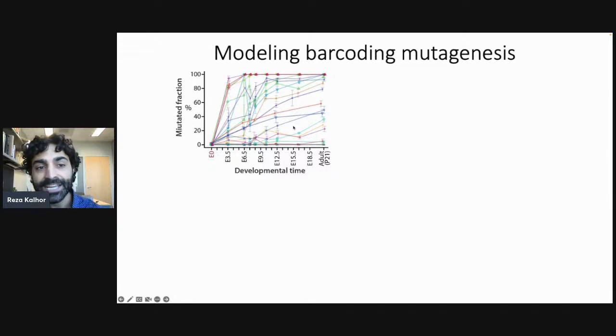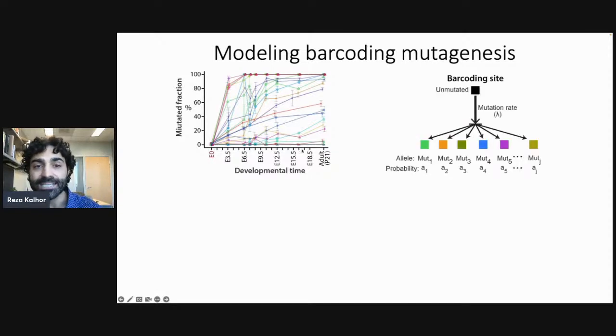You see time here. Each line corresponds to one of about 60 different barcoding sites that were analyzed in a mouse model we often use, and the y-axis is the fraction mutated. And they generally have a constant rate of mutation that accrues over time.